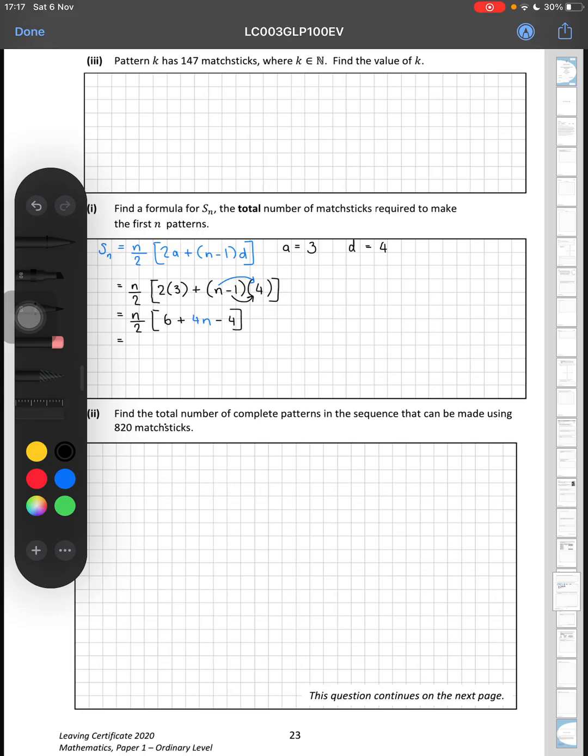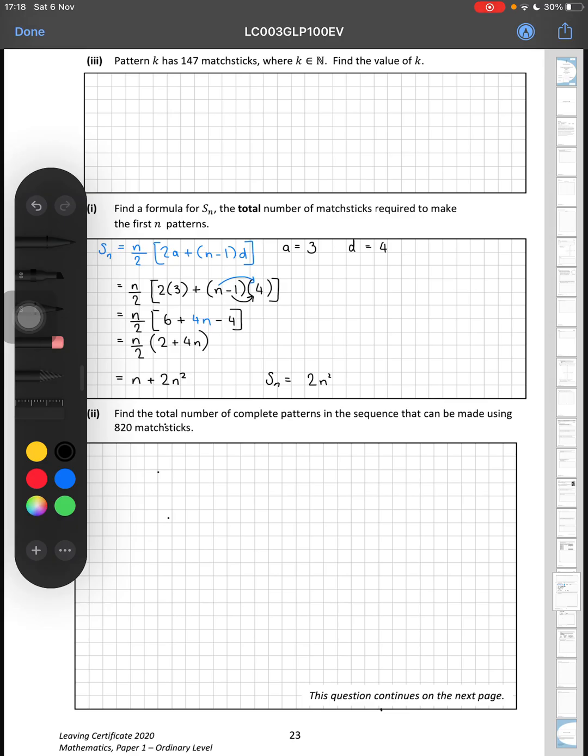Okay, so when we go to do that out, 2 times 3 is 6 plus, and then we have n times 4, which is 4n, and then minus 1 times 4, so minus 4. So we have n over 2 being multiplied by 2 plus 4n.